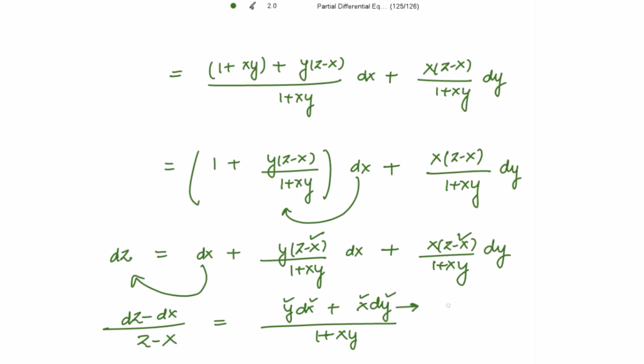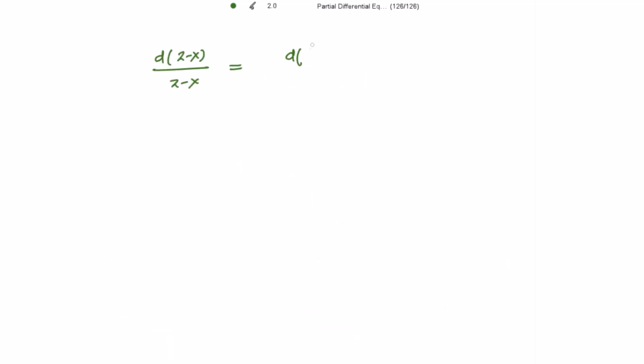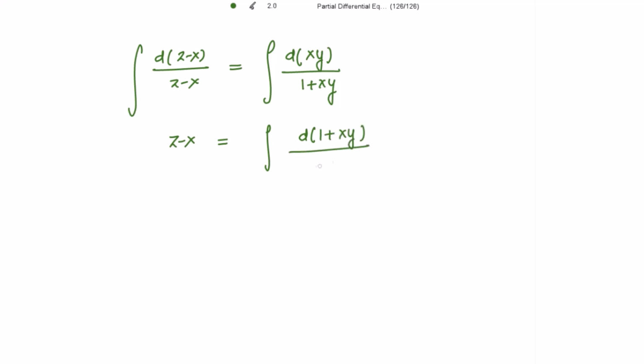So the numerator can be written as the derivative of the product xy, so the derivative of the product xy divided by 1 plus xy. Integrating both the sides, we get here z minus x, and here we can write the derivative of xy to be the derivative of 1 plus xy. Can I write like this?